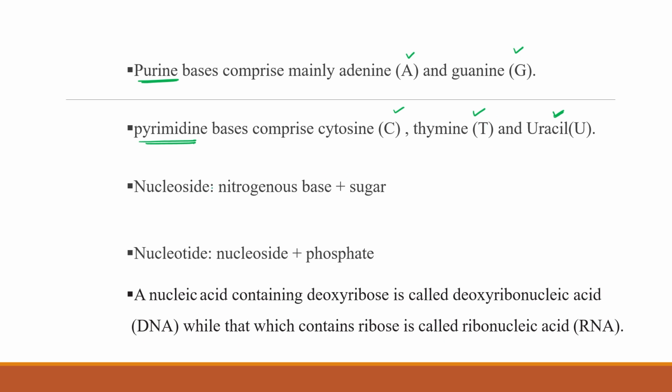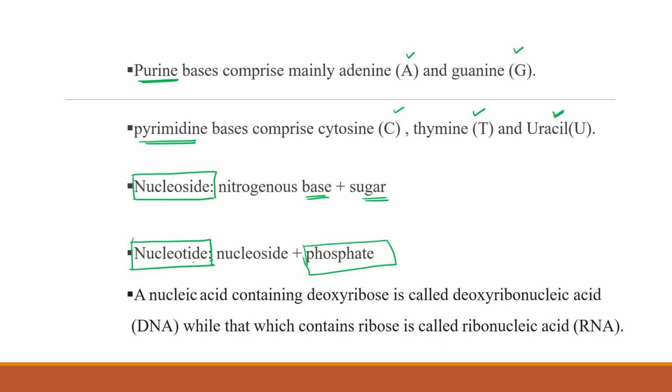Okay, so what is the difference between nucleoside and nucleotide? Nucleoside is made up of base plus sugar, and if phosphate is also attached with this base or sugar, then it will convert into a nucleotide.